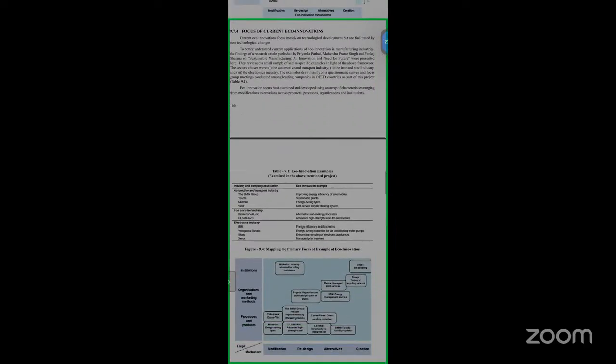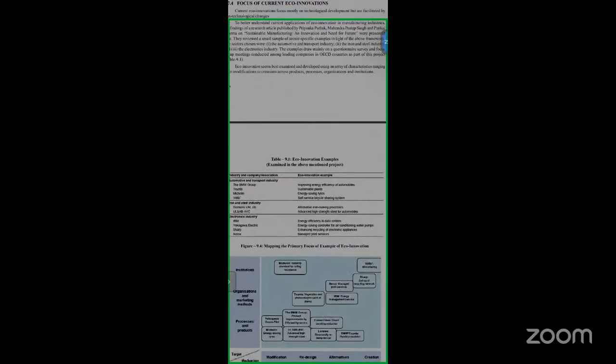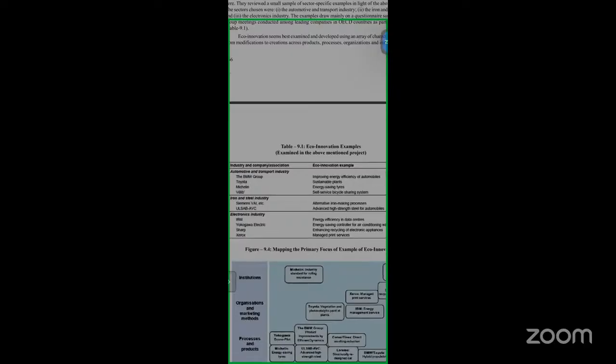Eco-innovations, if you just look at here, which can be understood with the table, where it talks about industry and its company or association and eco-innovation example. If we talk about automotive and transport industry, the BMW group, Toyota, Michelin, and Velib, here improving energy efficiency of automobiles, sustainable power plants, means Toyota, whenever they do, they have sustainable plants, and energy saving tires, and self service bicycle sharing system.